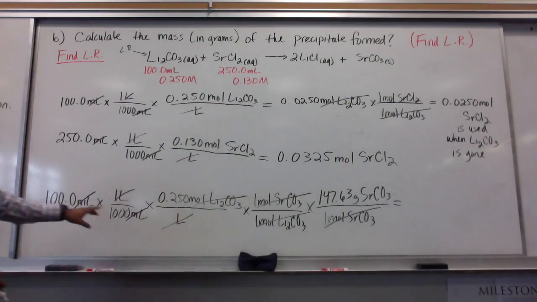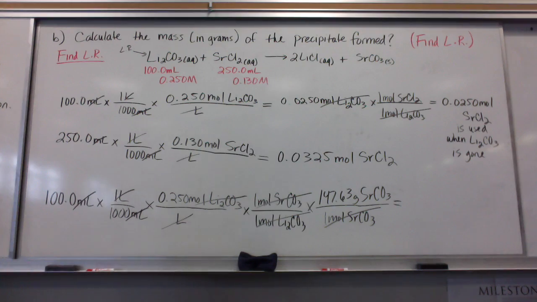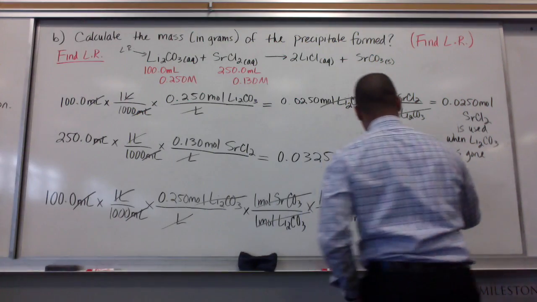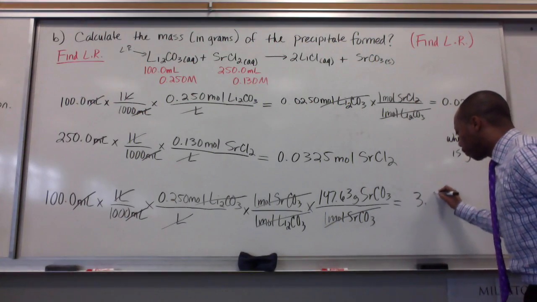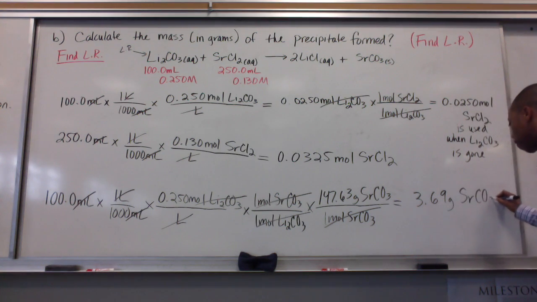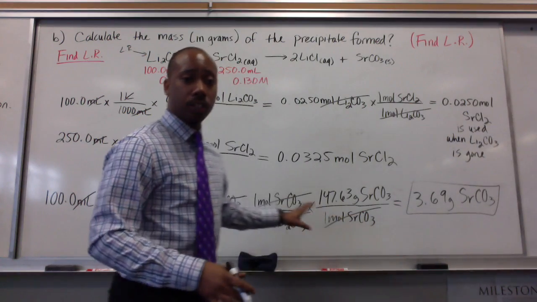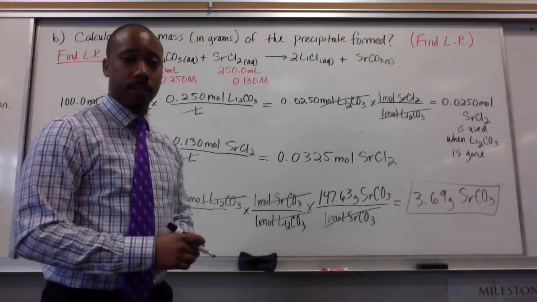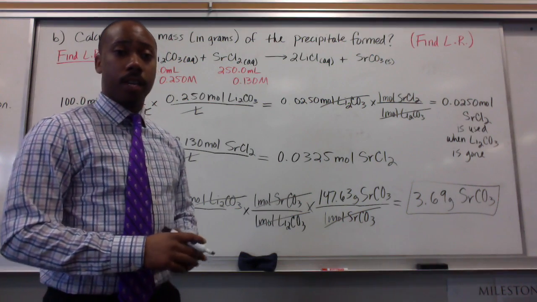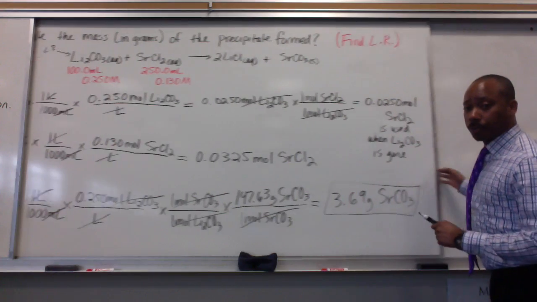I multiply this out. 100 times 0.25 times 147.63 divided by 1,000, and I get 3.69 grams of strontium carbonate. That is how much of your precipitate has been produced at the end of that reaction using your limiting reactant. Now, go back over that if you need to.